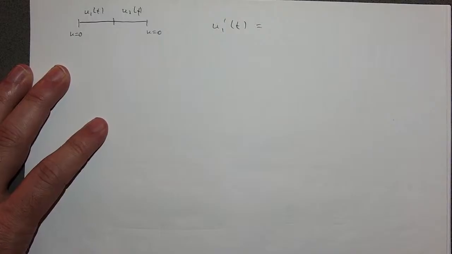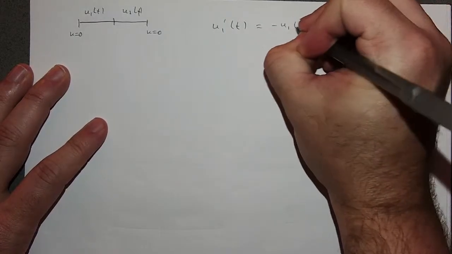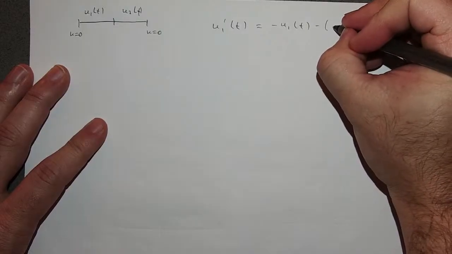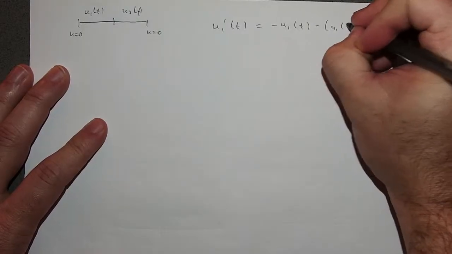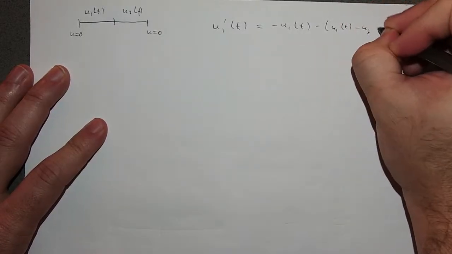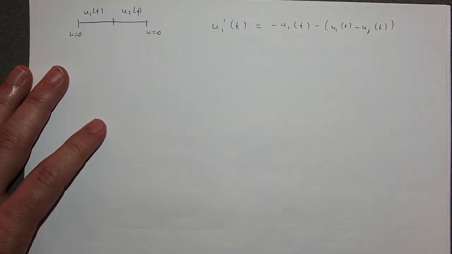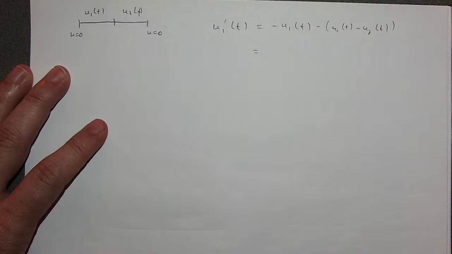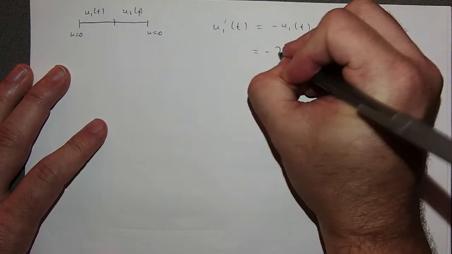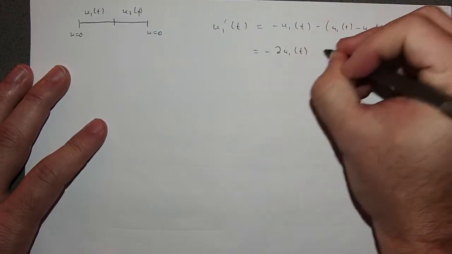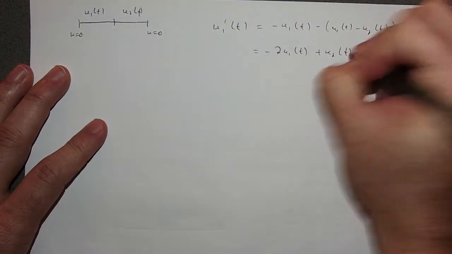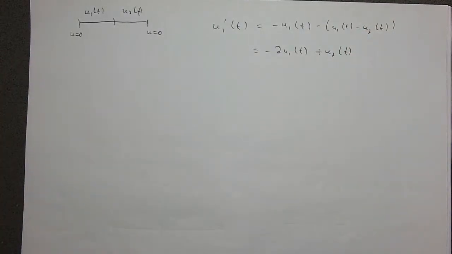U1 prime of t is going to be minus U1 of t minus U1 of t minus U2 of t, which is minus 2 U1 of t plus U2 of t. So that's what I get from that relationship.